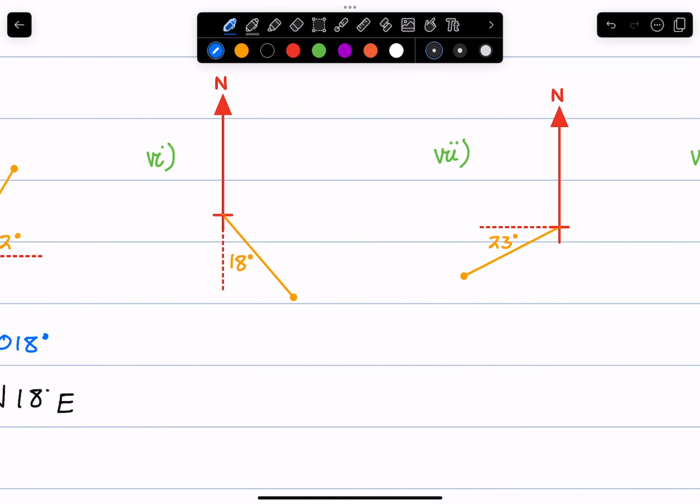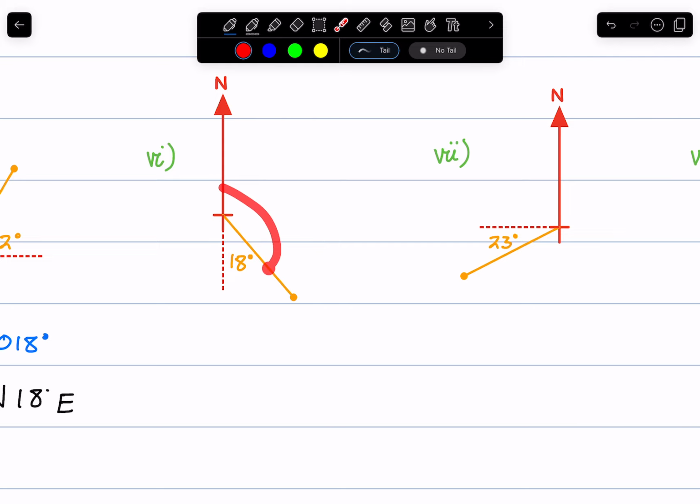The true bearing for this one, we're starting north and we're going clockwise until we meet that line. So what angle is this? Well, that would be 90 plus this angle. However, we don't know what that angle is. We could calculate it from here, but I hope you've noticed there's another way we can do this, where it would be 180 degrees subtracted by that 18.